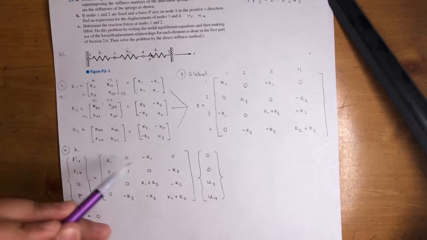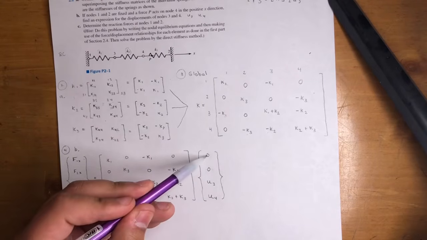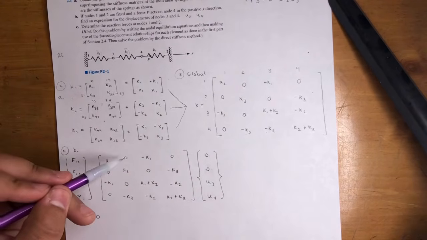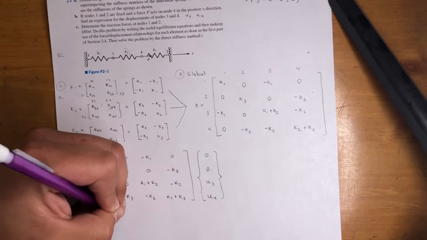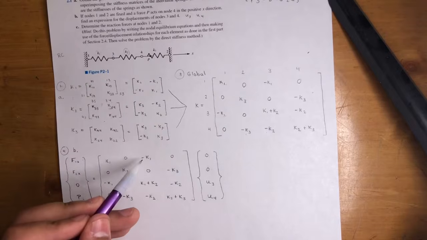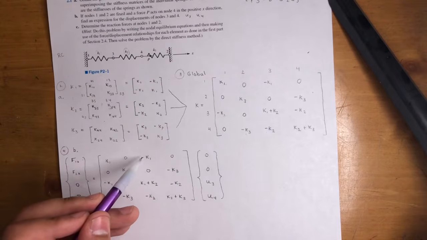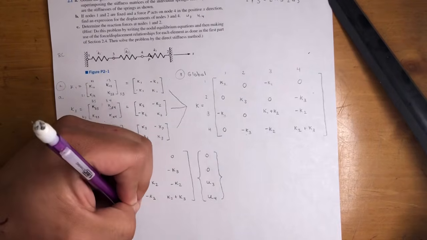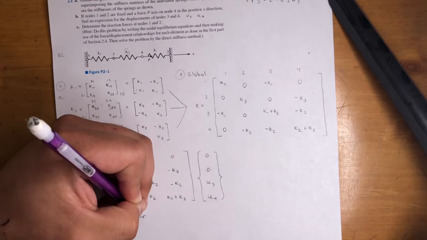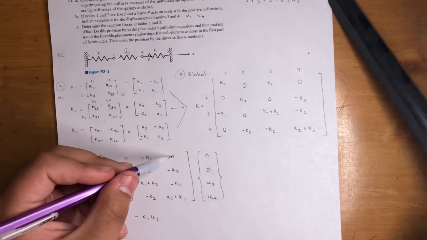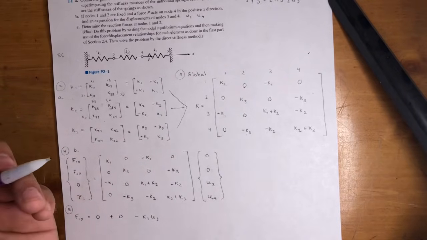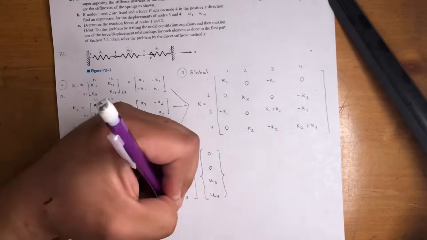So it's K1 times the first one, which is 0, plus 0 times 0, plus another 0, plus negative K1 times U3, that's going to give you negative K1 U3, plus 0 times U4. So that's it, plus 0.